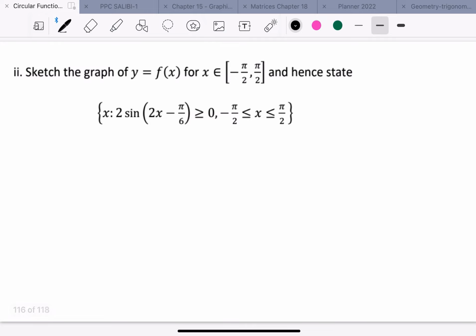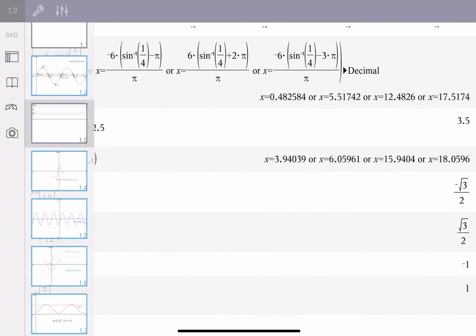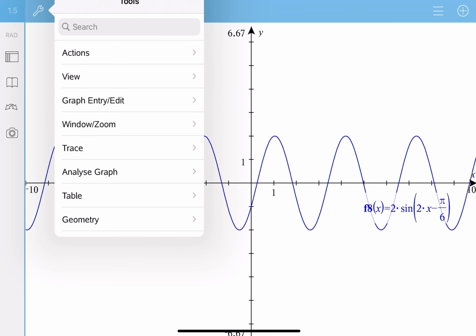Part 2 then says sketch the graph between negative pi on 2 and pi on 2, and then hence state when it's greater than 0. So it's exactly the same thing. Luckily we've already kind of sketched it. I just want to go ahead and sketch it within that domain though. So we'll go back to that graph. And now I'm just going to add in a domain.